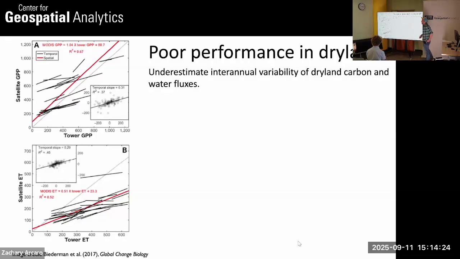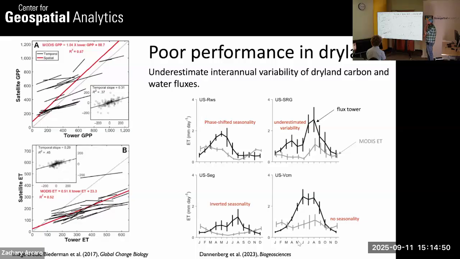And essentially what they found is that only about 30% of the interannual variability was actually captured by these satellite-based models. This is showing for only a single model, but this is fairly emblematic of a broader scale problem than just that single model. The extremes in both the carbon and water cycle are dramatically underestimated by satellite-based estimates.